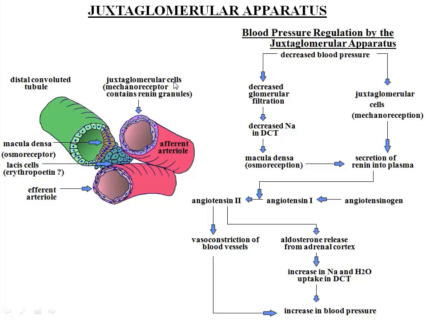Now, when the distal convoluted tubule comes back towards the Bowman capsule and lies close to the vascular pole of the renal corpuscle between the afferent and efferent arteriole, they form a triad-like structure, the JG junction. In this region, the muscular cell layer in the afferent arteriole is modified.